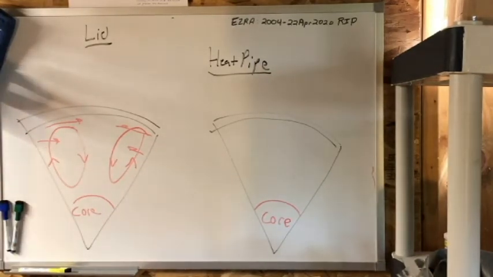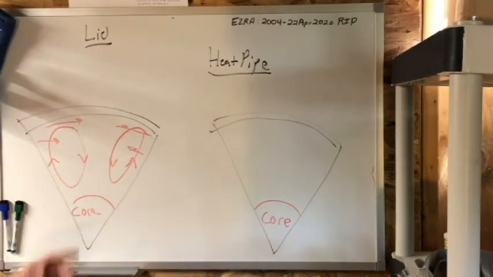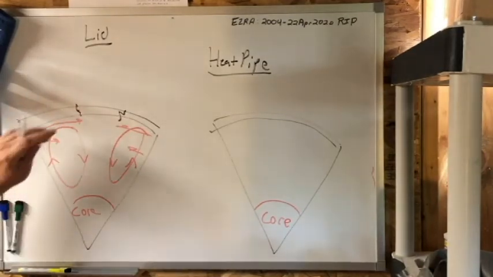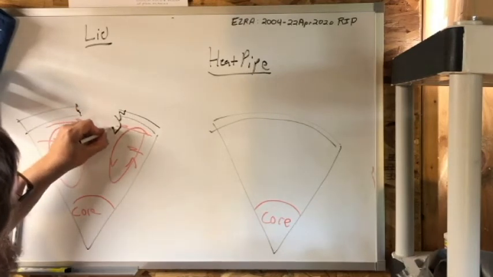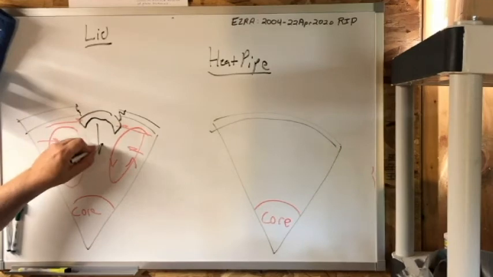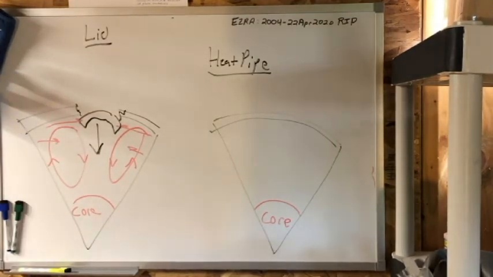What happens is your crust, depending on if it's continental or oceanic, it varies a little, but you'll get your fractures, and you actually get pulled down this way. You get dragged down into the mantle as a fragment, okay?